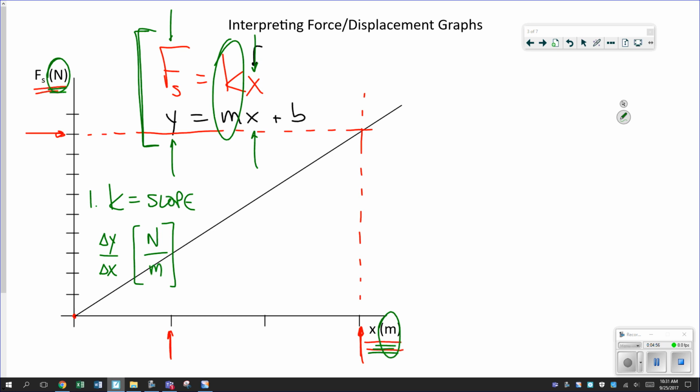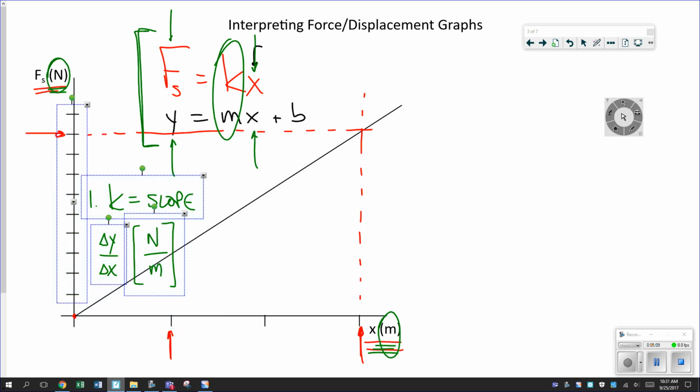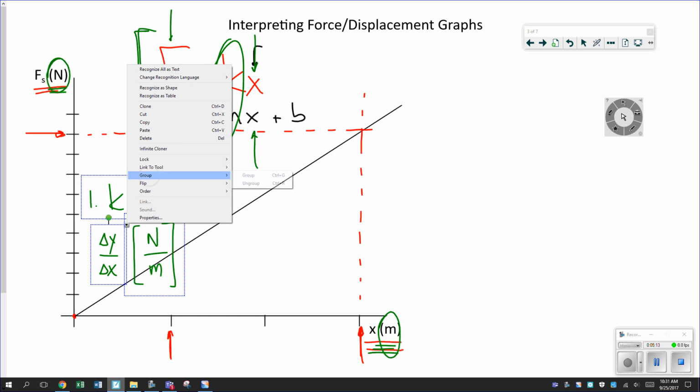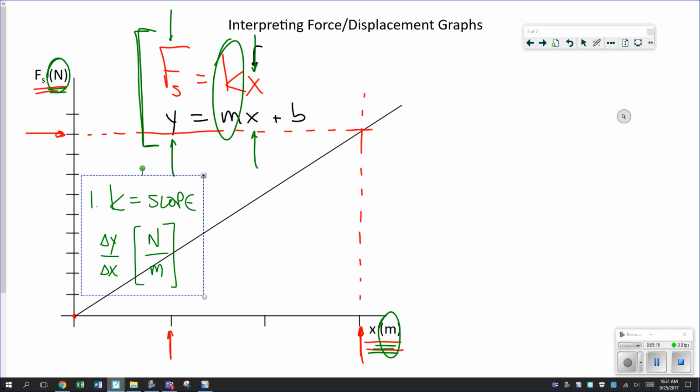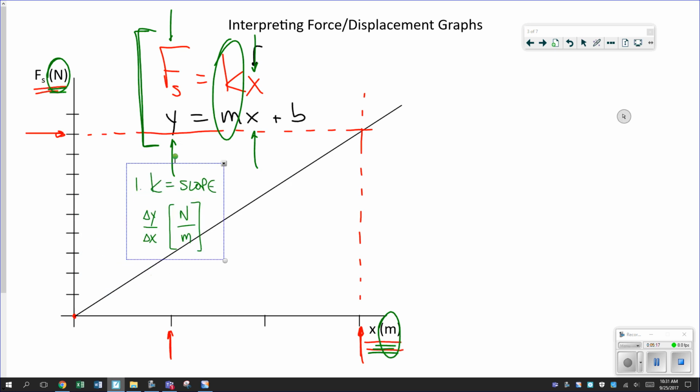Now, the other thing that you can find, the other operation you can go through when evaluating a graph, especially a graph with only straight line parts. Let's put this aside over here.